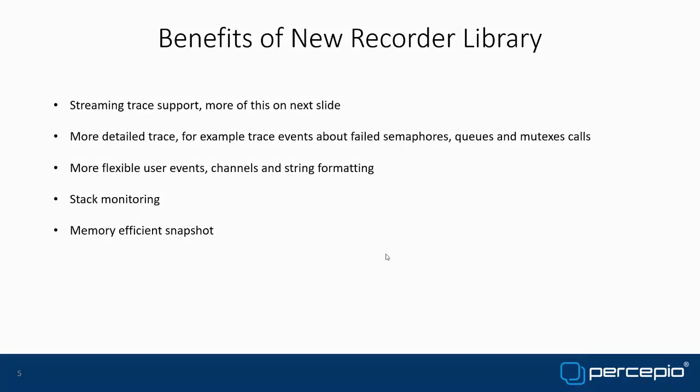So you can create what we call user event channels for grouping your different user events. And you can also send out formatted strings that are not possible with the ThreadX user events. And some more features that we're adding are stack monitoring. And we also add a more memory efficient snapshot tracing.